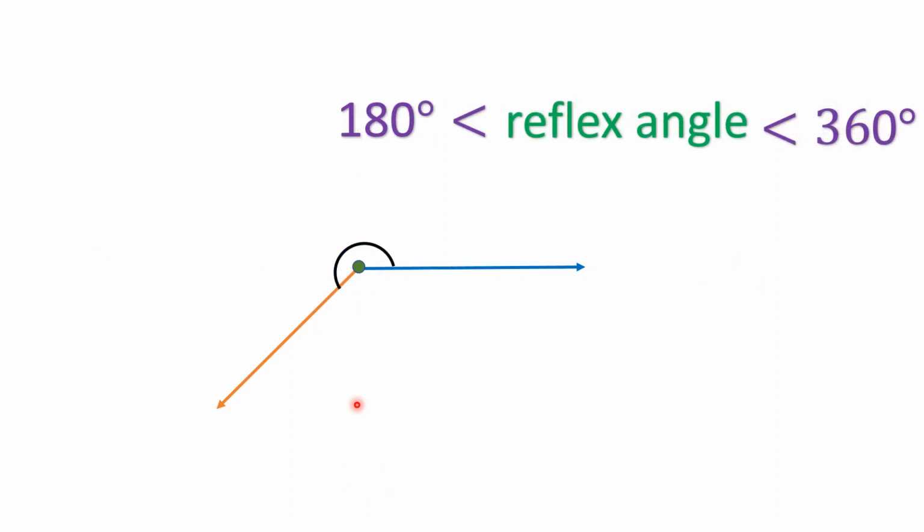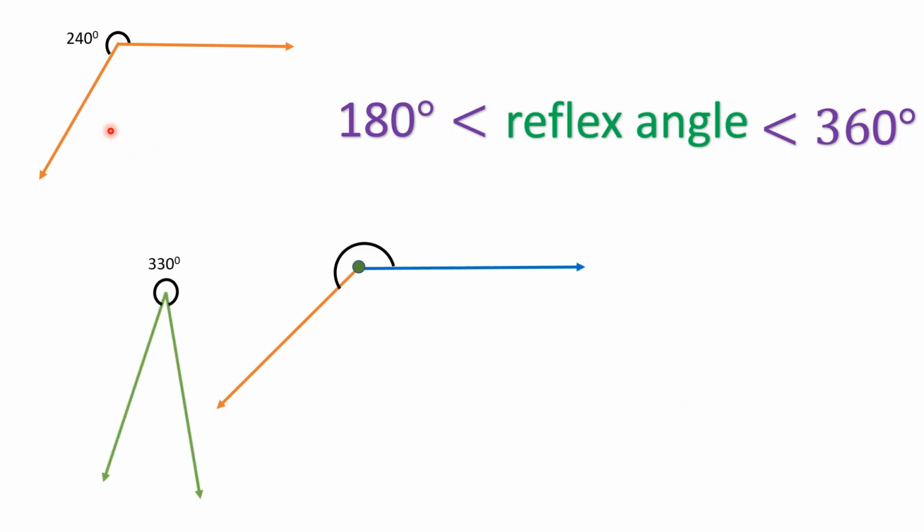It looks like this. Let us see few more reflex angles. Here is angle of measure 240 degree, 330 degree, 290 degree. All these are reflex angles because their measures are between 180 degree and 360 degree.